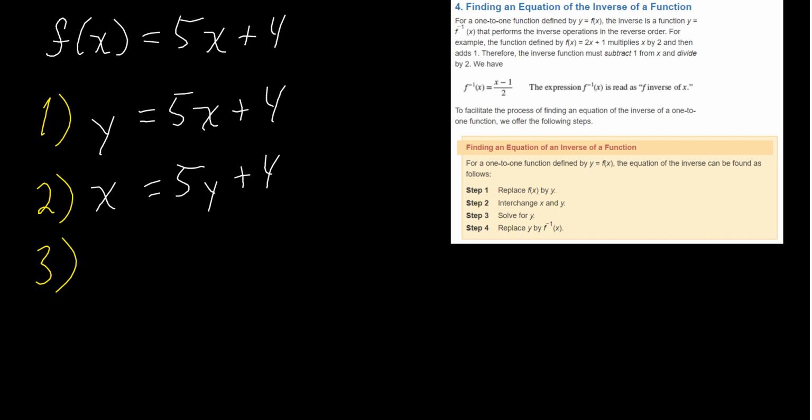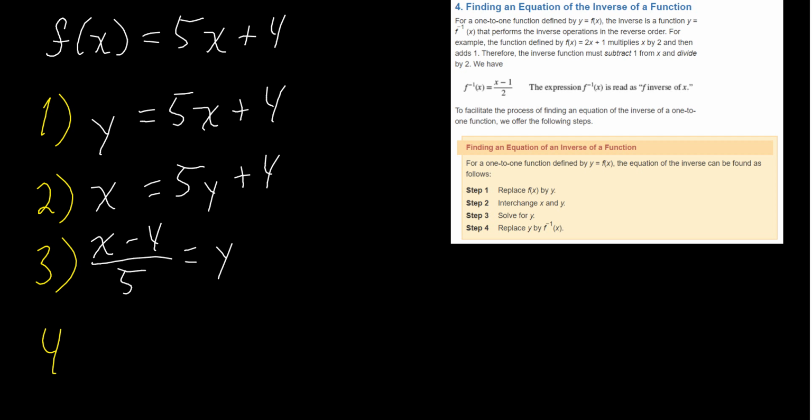But anyway, step 3, solve for y. We can do this in our head. We're going to subtract 4 from both sides and divide by 5. So we're going to have x minus 4 divided by 5 is equal to y. And then it says replace y with f inverse of x.